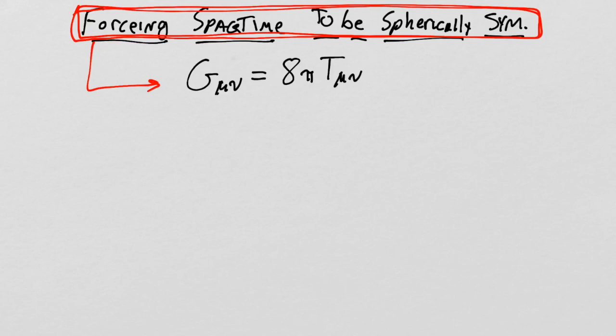It's sort of insignificant, as you'll see in a moment. But I want to start by going through this process, forcing the spacetime to be spherically symmetric. Then you learn something about the guts of this, even without our total understanding of what the Einstein tensor is and what the energy momentum tensor is.